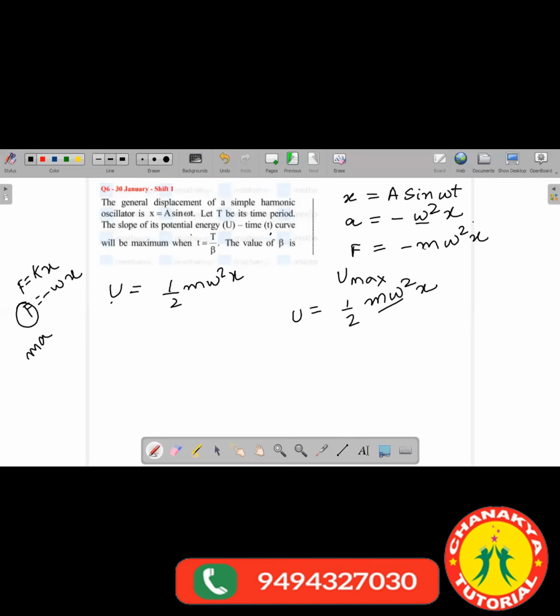So we want here du by dt, the change of potential energy with time. So we differentiate this, and you get 1 by 2 m omega squared multiplied by dx by dt. And this dx by dt is your velocity.